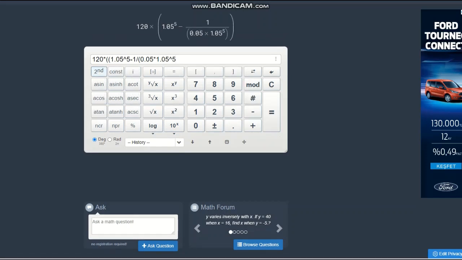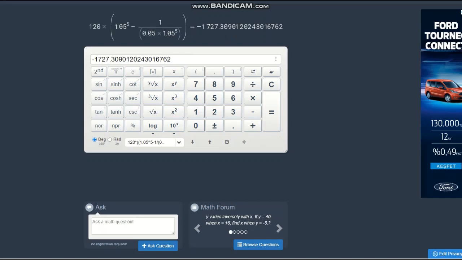Okay, let's close the first parenthesis for the division, the second parenthesis, the third parenthesis here.